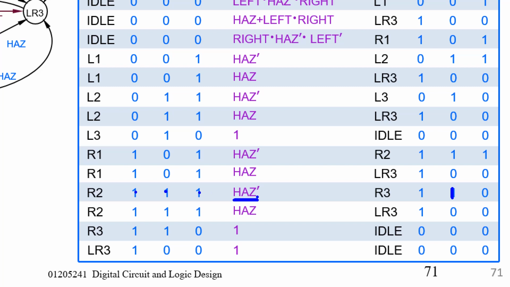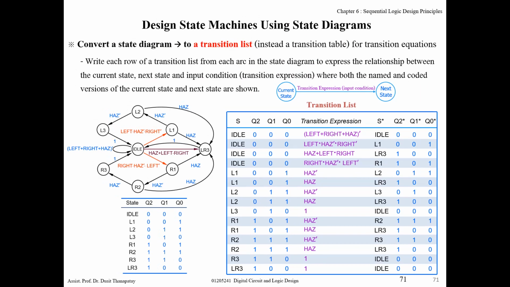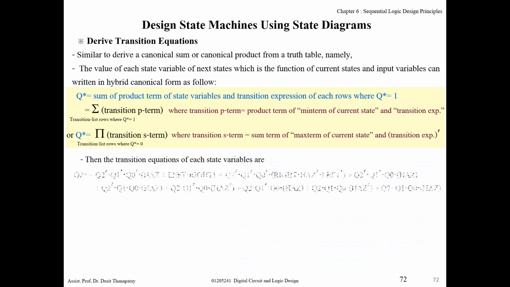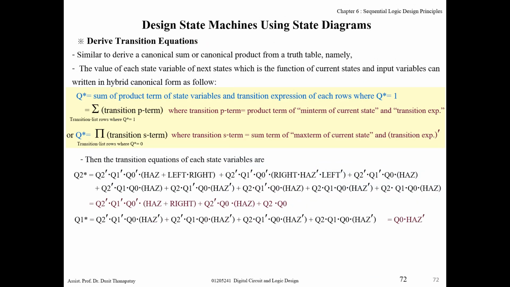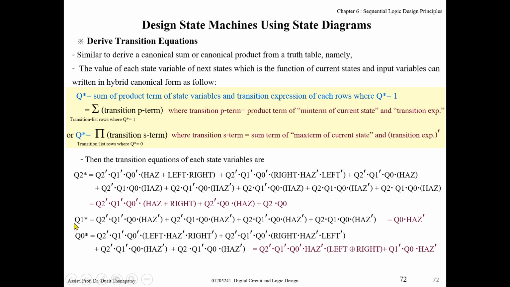After that, using switching algebra to reduce the number of terms and variables for q1 star.